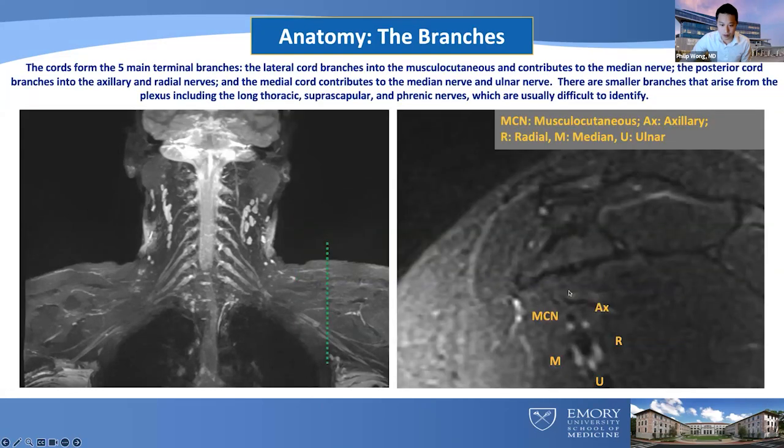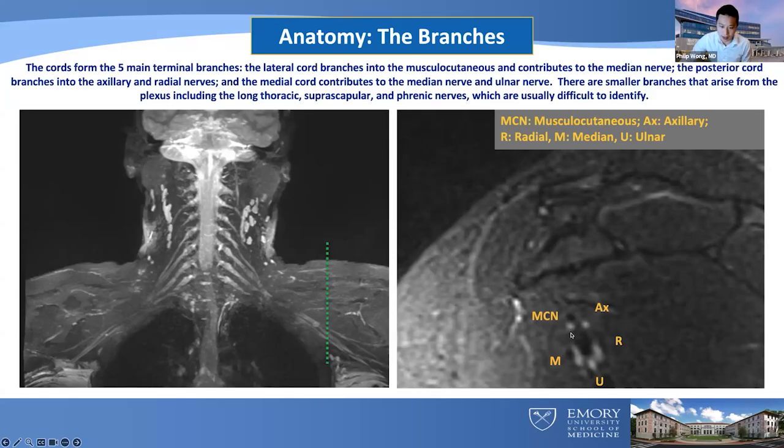Then we move on to the branches. Each cord gives off two major branches. There are smaller branches arising from the plexus that can be more difficult to identify, but I'm going to focus on the big terminal branches.